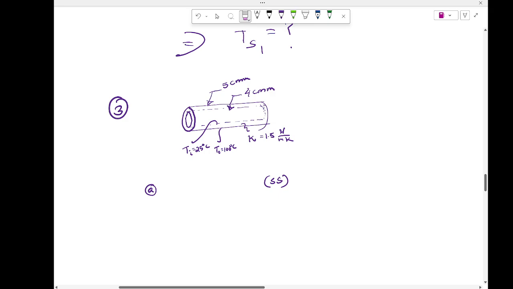They are asking using the heat equation, find the temperature distribution equation for the pipe. You understand that? And you have to apply the boundary condition.